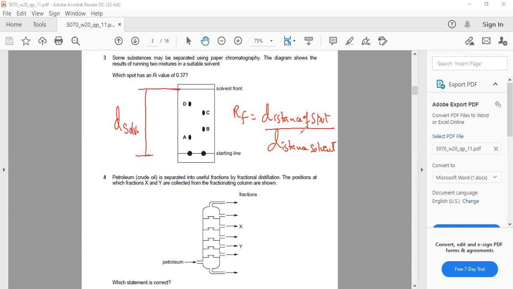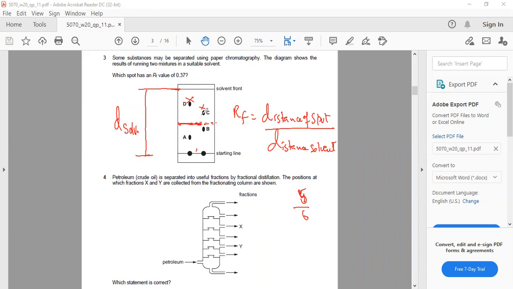0.37. If you can predict the wrong answers first, eliminate the wrong ones. D and C will be wrong because suppose this will be from here to here, this will be the midpoint, the middle of the solvent front and the starting line. C and D have covered more distance than half of the paper. Suppose C is 4 centimeter and the solvent front is 5 centimeter.